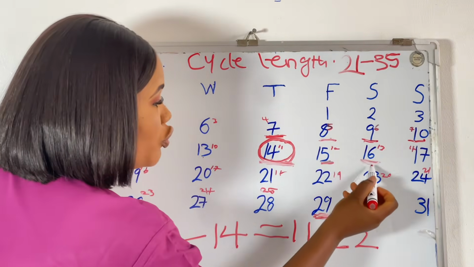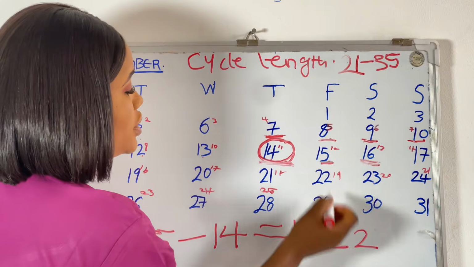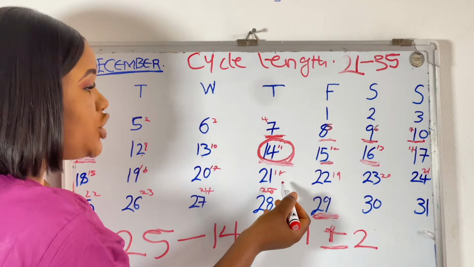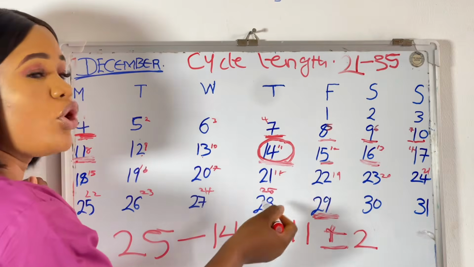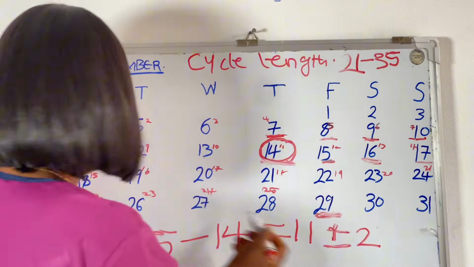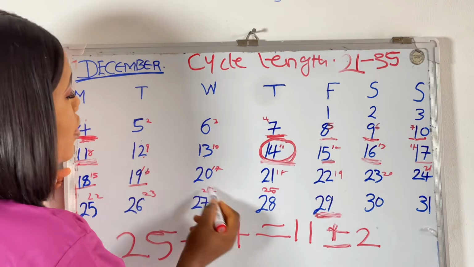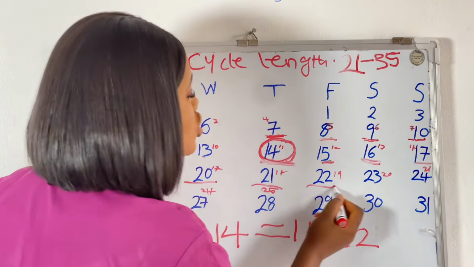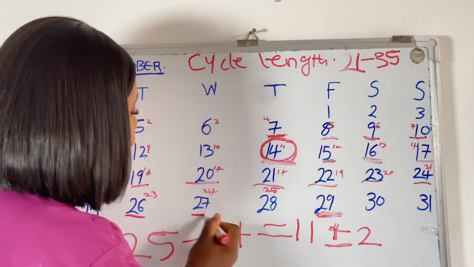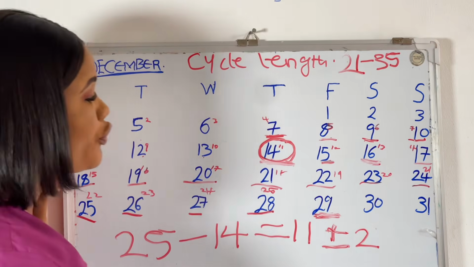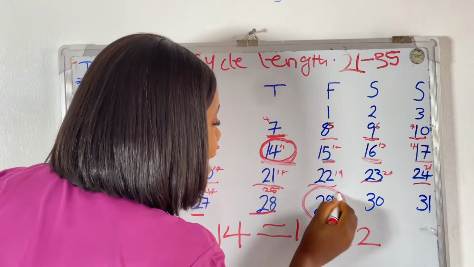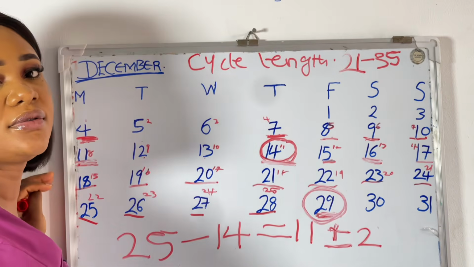After you're done with your ovulation, because we are going to do this plus 2, minus 2, that is 2 days prior to your ovulation and even 2 days after your ovulation, because anything can still happen. So outside those days, on the 17th now, you are free, 18 you are free, 19, 20th you are free, 21, 22, 23, 24, 25, 26, 27, 28 you are also free, till day 29, when your next menstrual cycle begins.